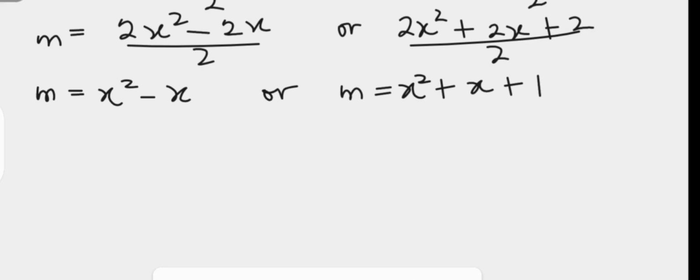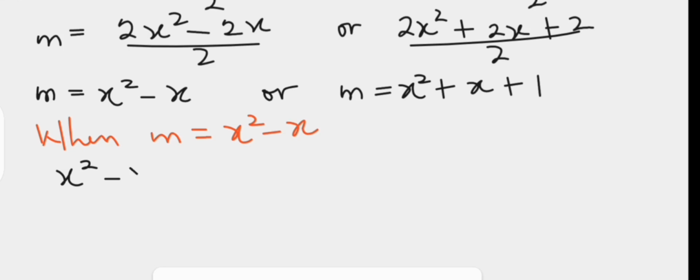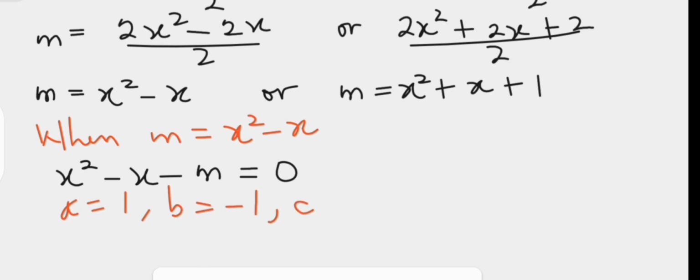Don't forget, the variable that we have to solve for is x, so we're going to take them one by one, starting with when m is x squared minus x. When m is x squared minus x, we will have that x squared minus x minus m equals 0, meaning that a is 1, b is negative 1, and c is negative m.